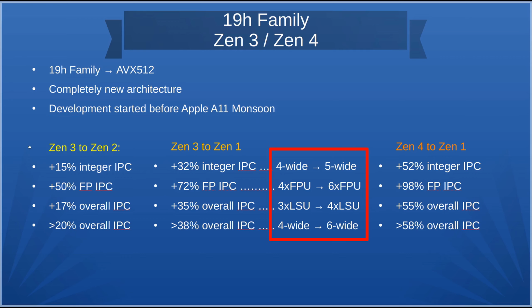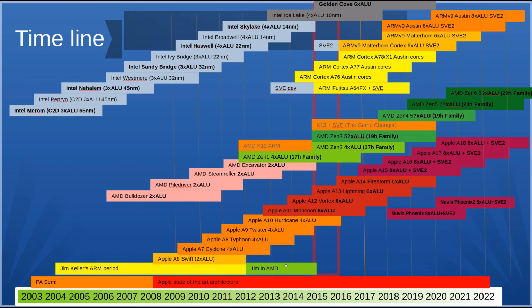When we take a look at the timeline, 2017 is here. So we can see that Zen 3 development probably started in 2015 when the Zen 1 architecture was finished.